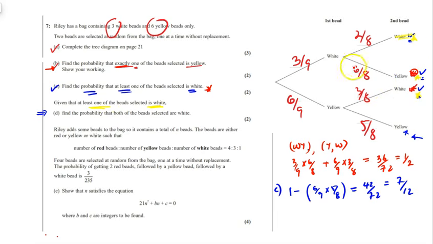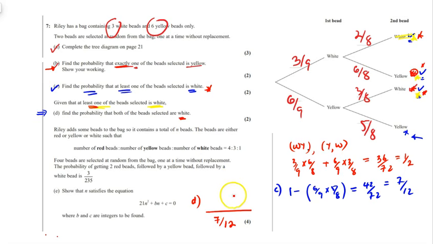Now, if we know that these 3 events have already happened, find the probability that both of the selected beads are white. That means, in part D, the given probability is the denominator. We know this has happened, and the probability for that is 7 out of 12, the probability of having at least one white bead.